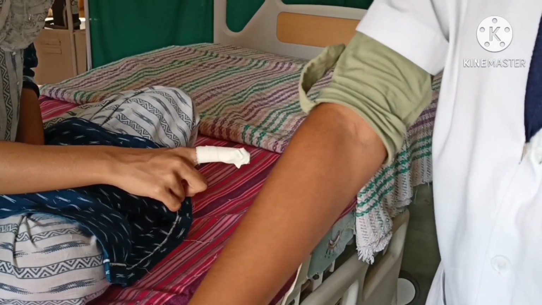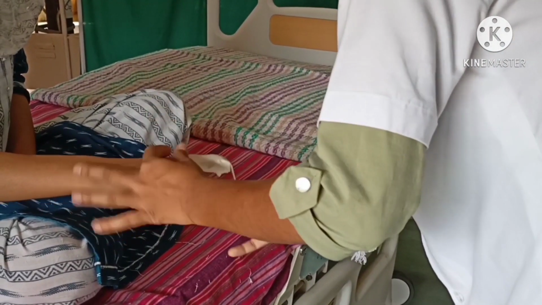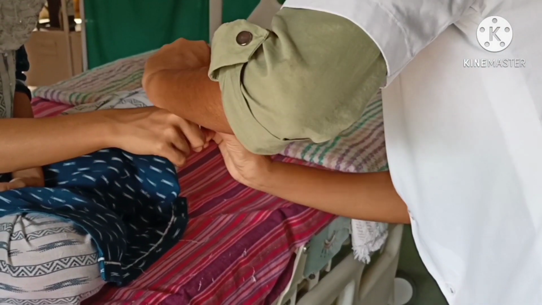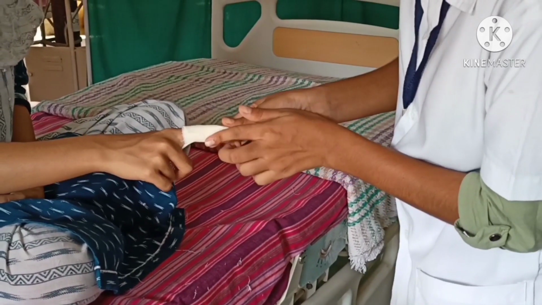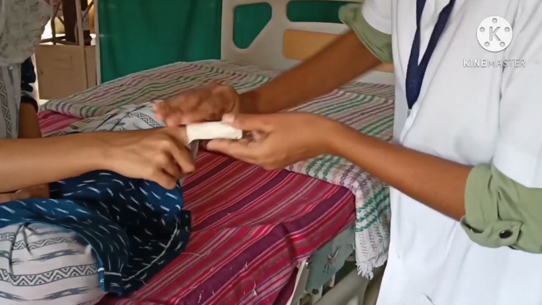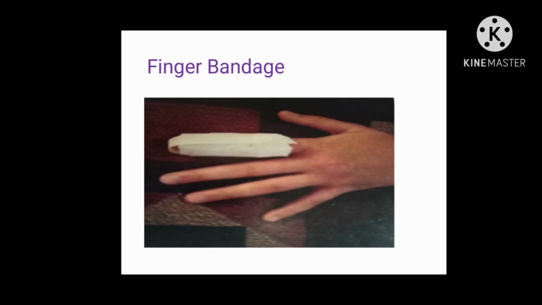Now take another adhesive tape and apply it straight from upward to backward. This is a finger bandage. This is the image of finger bandage.